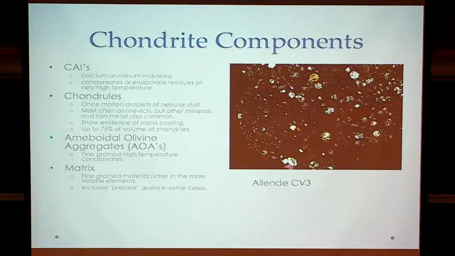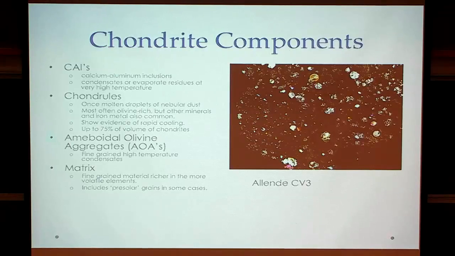Focusing on chondrites, what they're made of, primarily we can distinguish four principal components. So-called CAIs, which stands for calcium aluminum inclusions. These are condensates or evaporative residues that formed at very high temperature within the solar nebula.